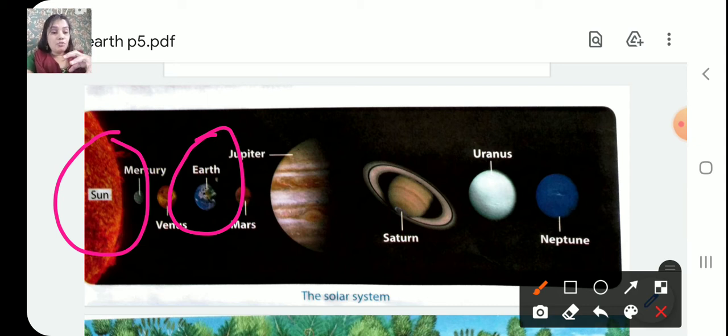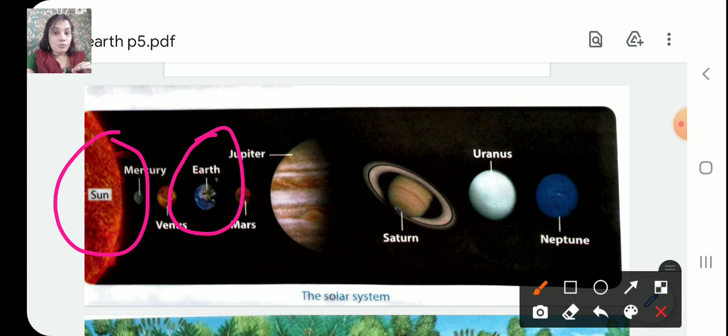This atmosphere protects the earth from the harmful rays of the sun. And the atmosphere also contains life supporting gases called nitrogen, oxygen and carbon dioxide.